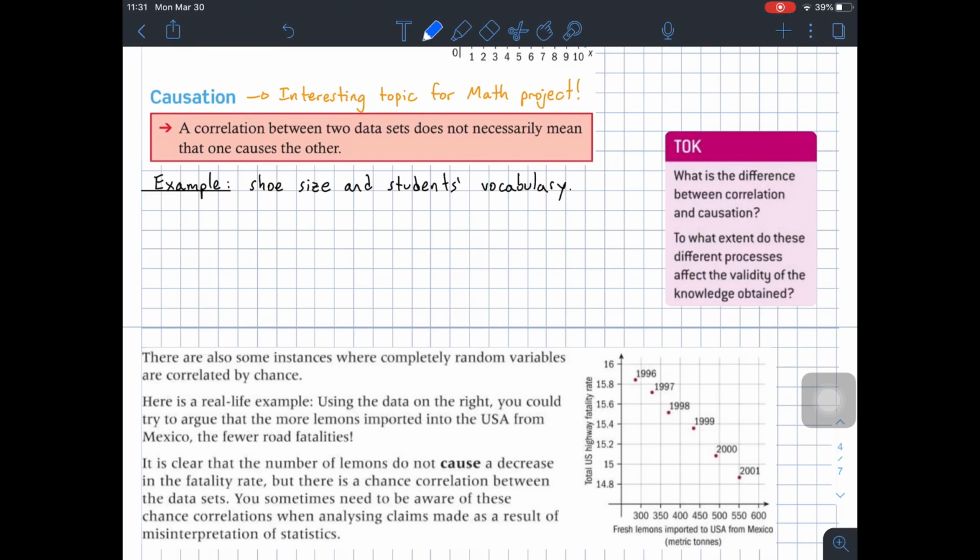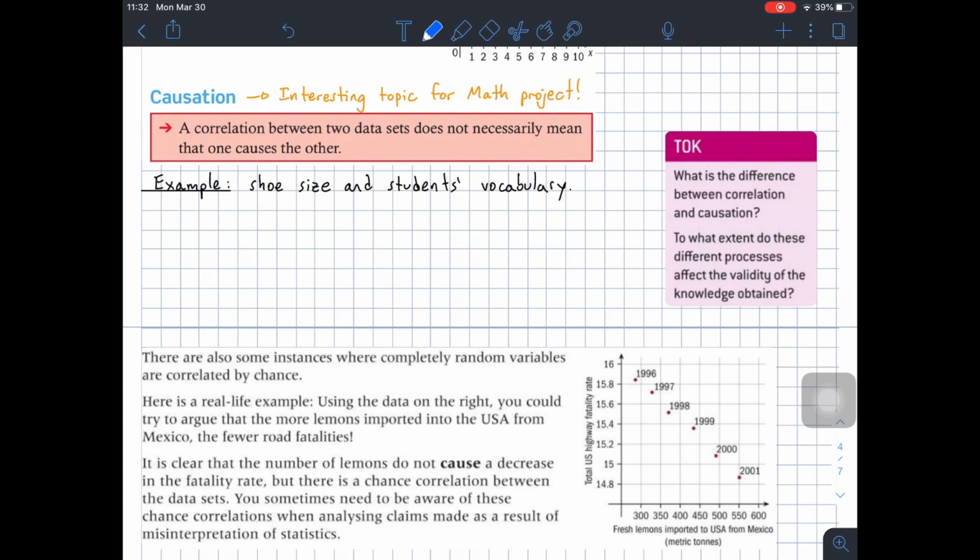For example, I wrote this example, shoe size and students' vocabulary, right? As we grow older, our shoe size increases, right? Because we're growing. And at the same time, our vocabulary is also getting better because we're having more time of education, right? So these two variables are related.